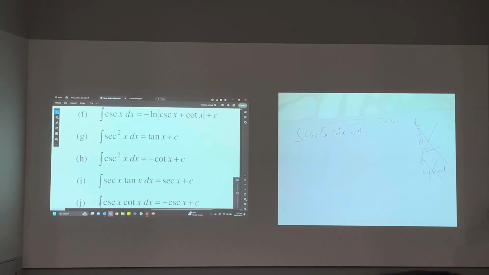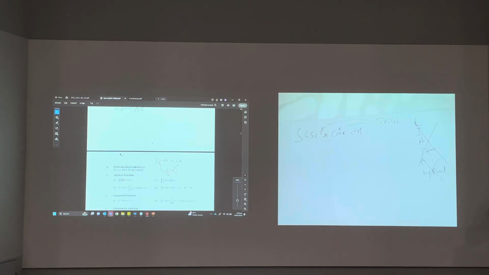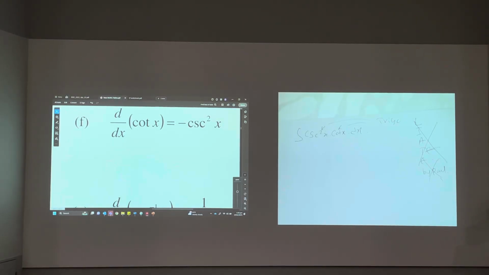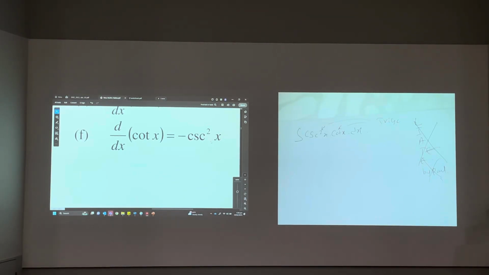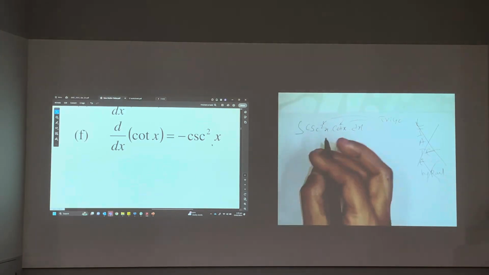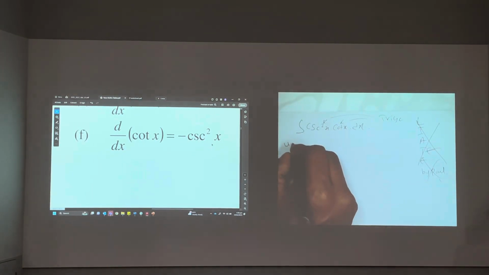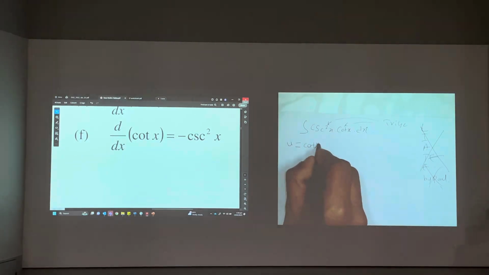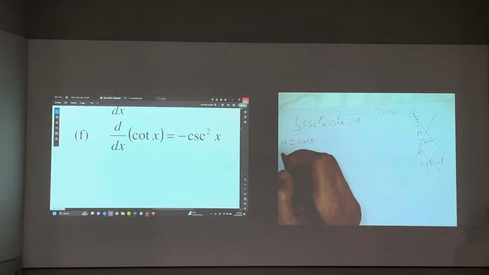That means if you differentiate cot x, you will get negative cosecant square x. So this way we can substitute u equal to cot x.